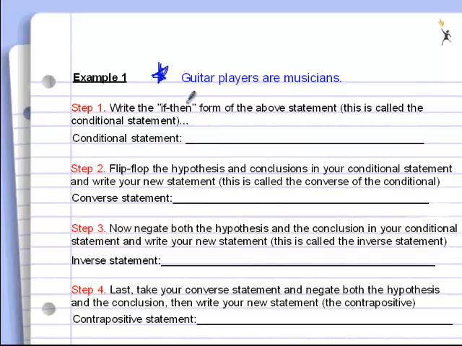Well, very simply. If you play the guitar, then you are a musician. Again, true and false it doesn't matter.